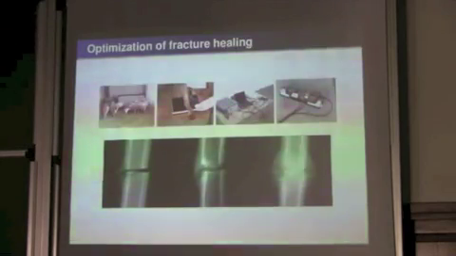This is the application of our investigations. The idea was this: we apply external excitation to the broken bone to excite cells to higher activity, to speed up the healing process. So we performed animal tests, with some devices.